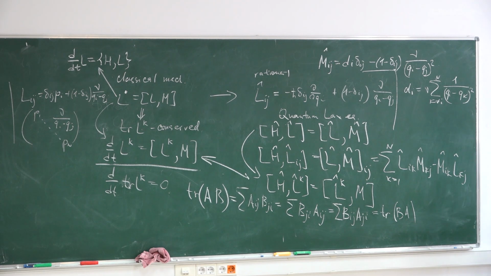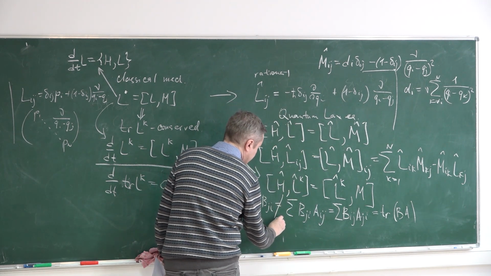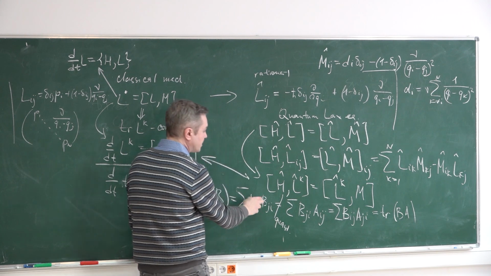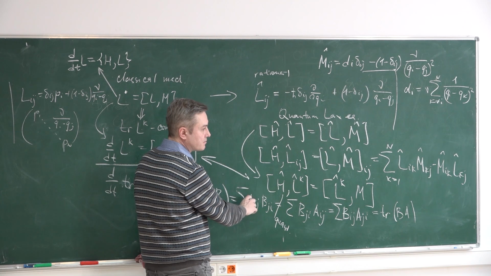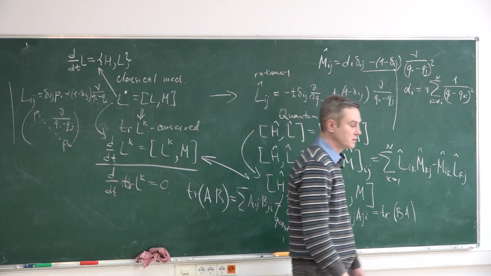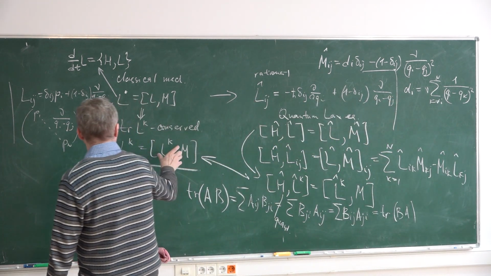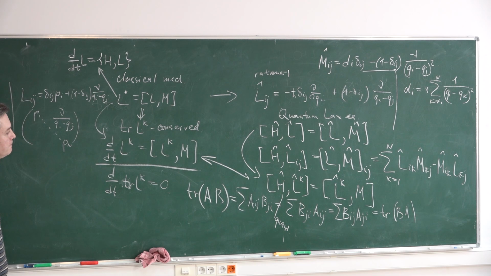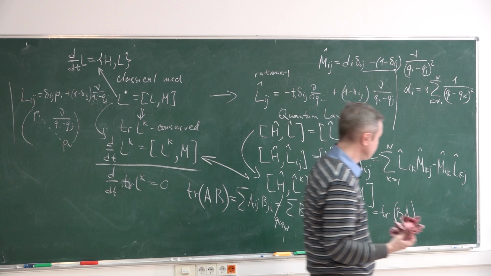But if you work in the quantum case, this transition is not correct. You cannot change the order of A and B if they are differential operators, because they do not commute. This is why you cannot use cyclic permutation under the trace, and for this reason there is no such easy recipe in quantum mechanics for computation of conservation laws.